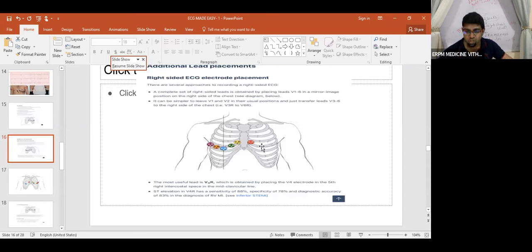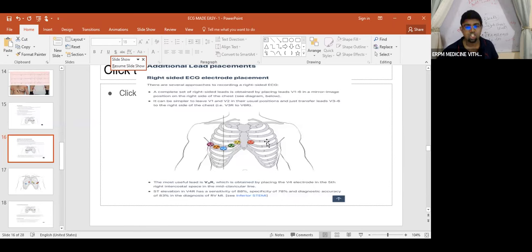Whenever there is a suspicion, you can ask the technician, can you do a V4R ECG also? The technician will put one lead here and take that recording as well.